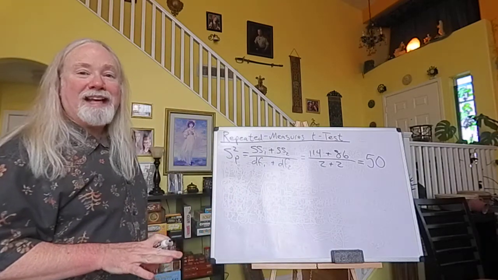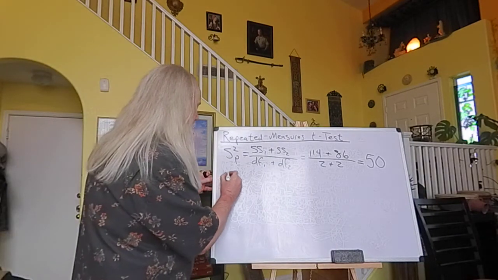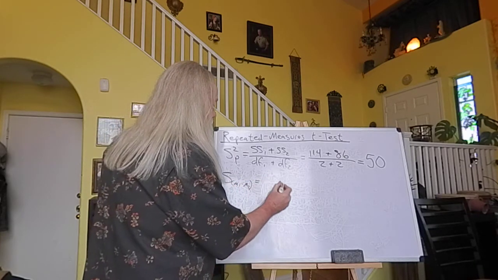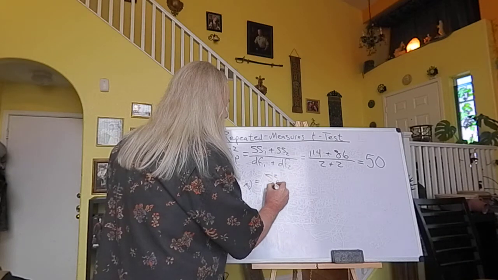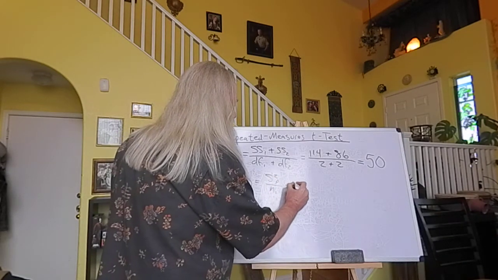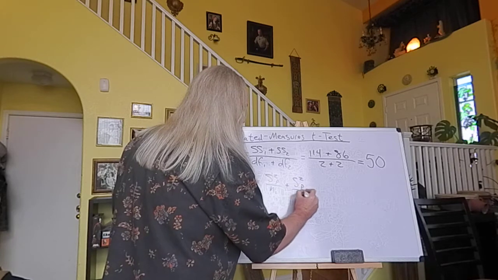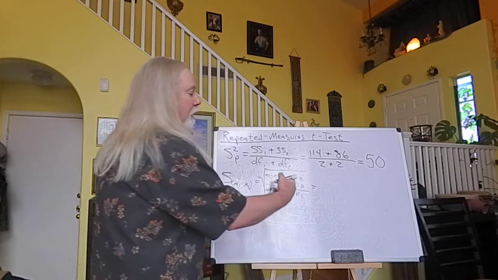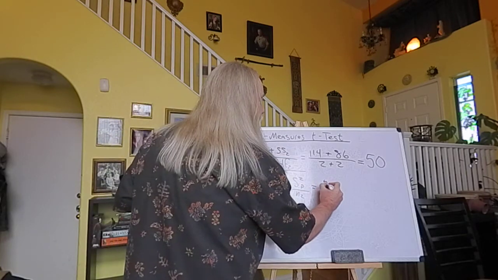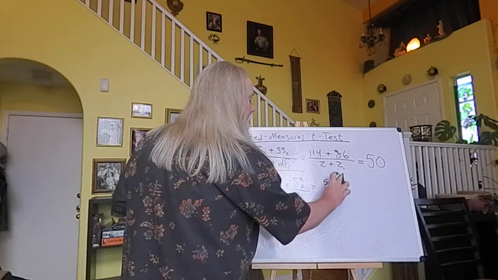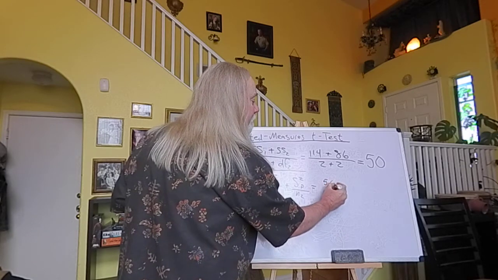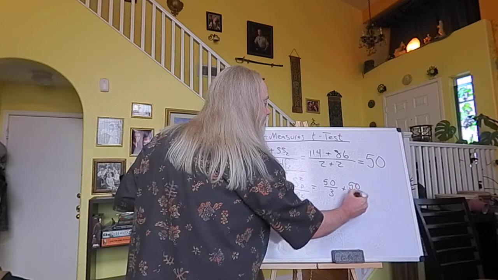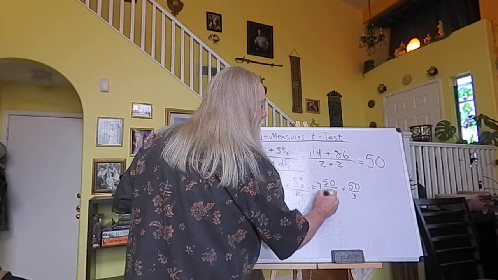Now we can use that to calculate our estimated standard error. So our pooled variance is 50 points, and there are 3 people in the first sample. And pooled variance is 50 points, and there are also 3 people in the second sample.